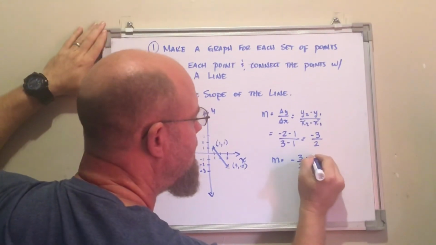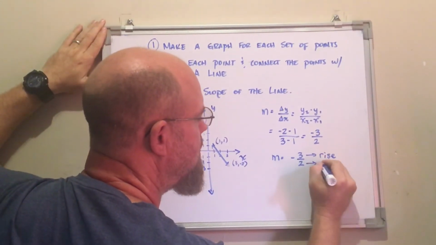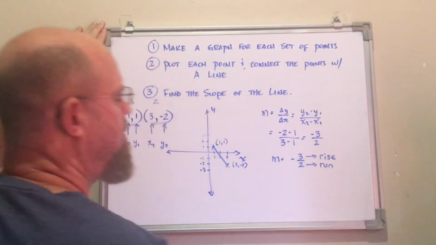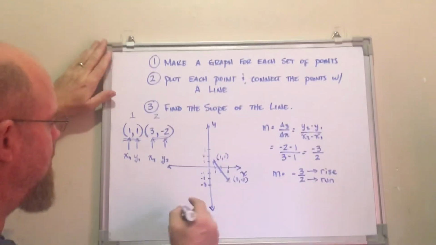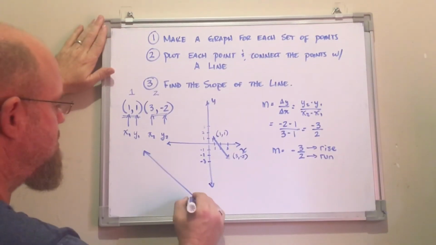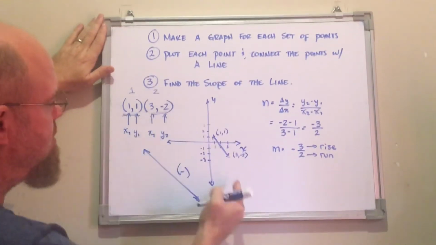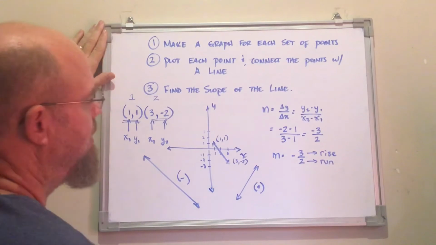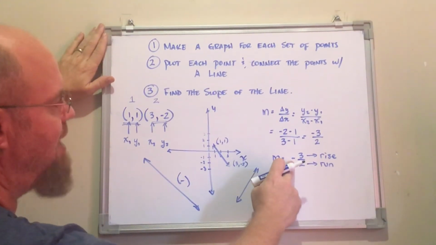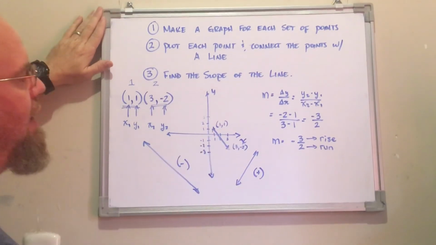So 3 is my rise, and 2 is my run. Okay? But it's negative. Remember, if the line is going in this direction, it's negative, which our line is going in that direction. Or if your line is going in this direction, it's going to be positive. And you can see that this is a negative slope, and that corresponds to the direction of that line.